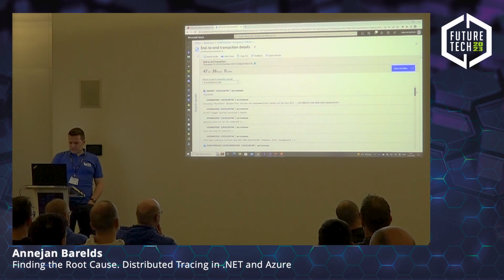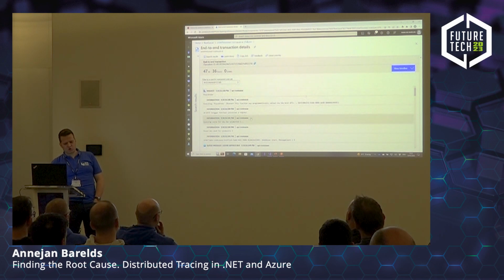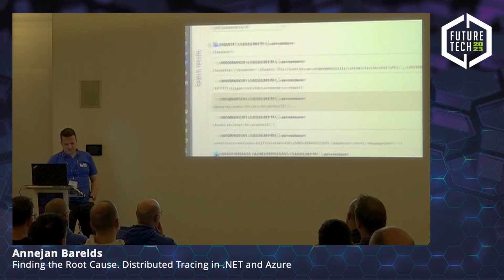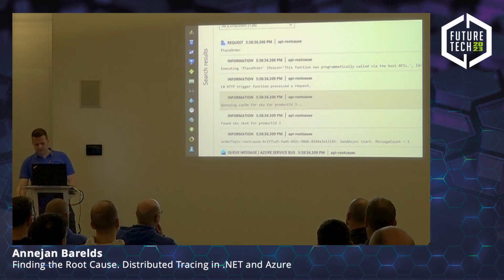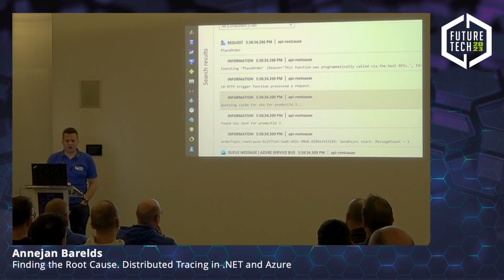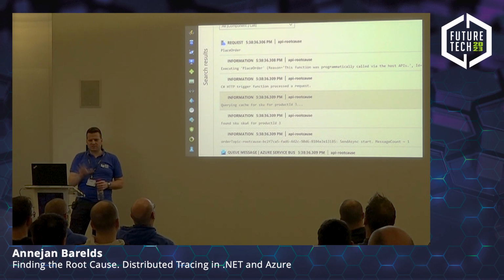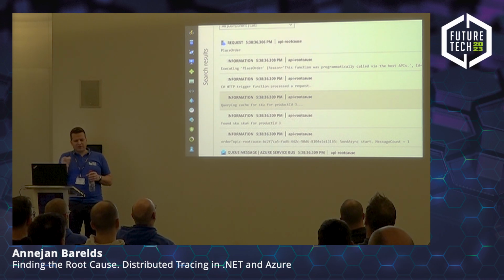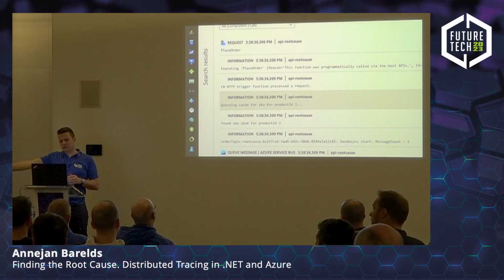And if I'm now looking at this, I see that actually in the API, at this point, querying cache for SKU for product ID 3 and found SKU 4 for product ID 3. Well, I built a system, I know that this is not good. So apparently this is the problem in the API, which is ultimately surfacing in an inventory API.